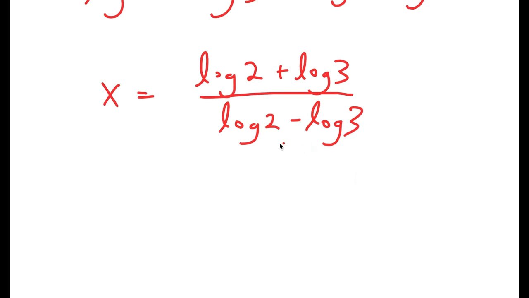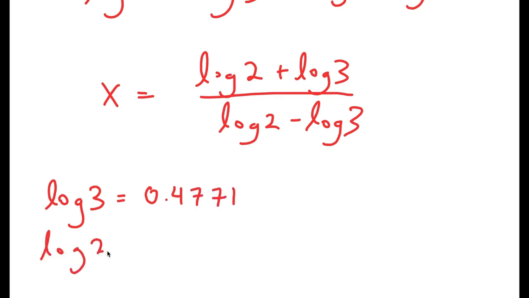Now all there's left to do is to plug in the values of log 3 and log 2. Log 3 is equal to 0.4771, and log 2 is equal to 0.301.